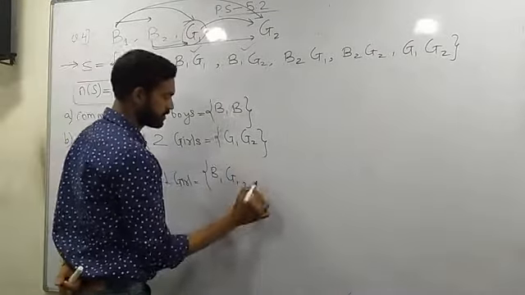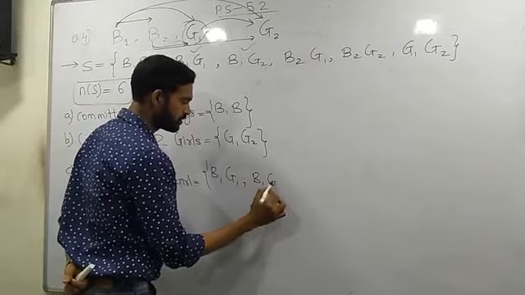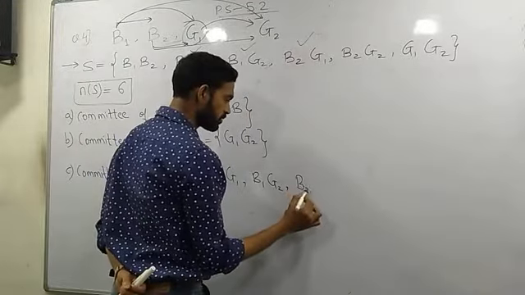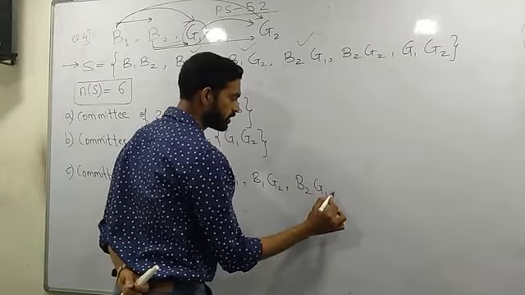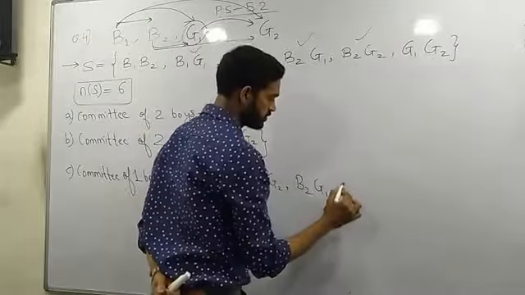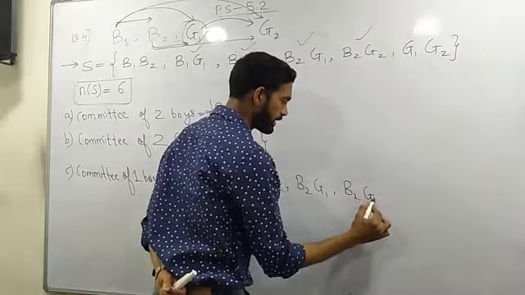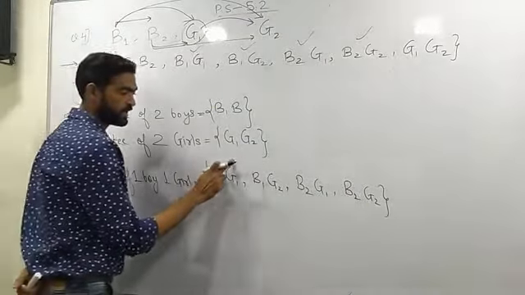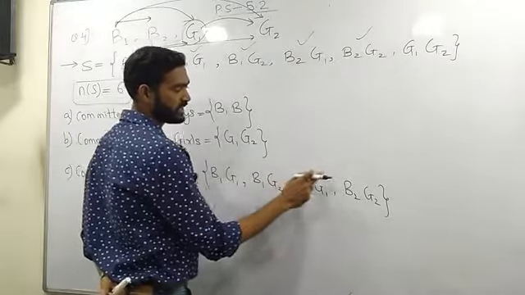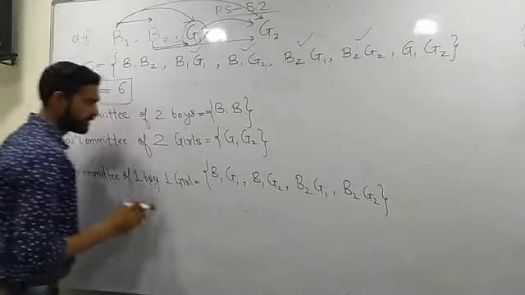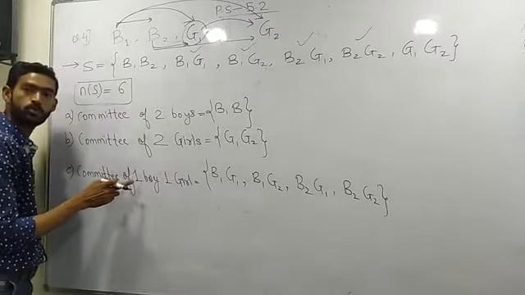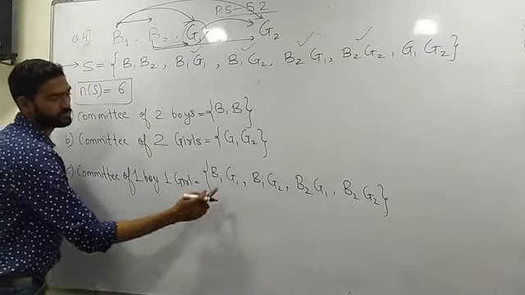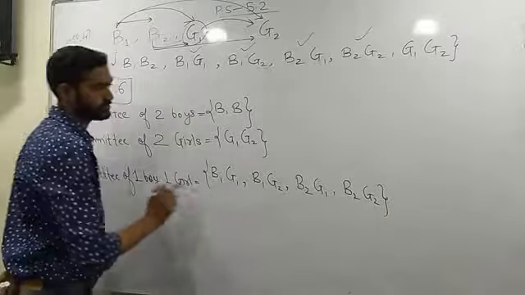Next, this one, B1, girl 2. This one, B2, girl 1. This is boy 2 and girl 2. So look, every time you get 1 boy, 1 girl. That was the question. You need to take 1 boy and 1 girl. Right? Clear everyone? So this is your solution.